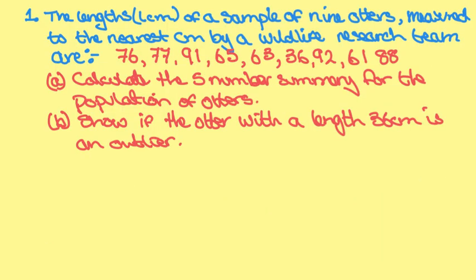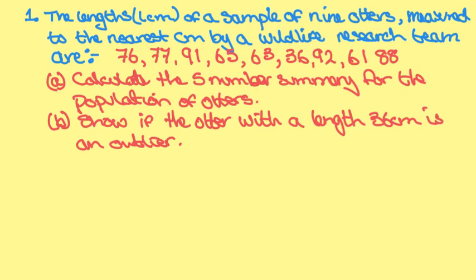Question 1. The length L centimeters of a sample of 9 otters, measured to the nearest centimetre by a wildlife research team, are 76, 77, 91, 65, 63, 36, 92, 61, 88. A. Calculate the 5-number summary for the population of otters.